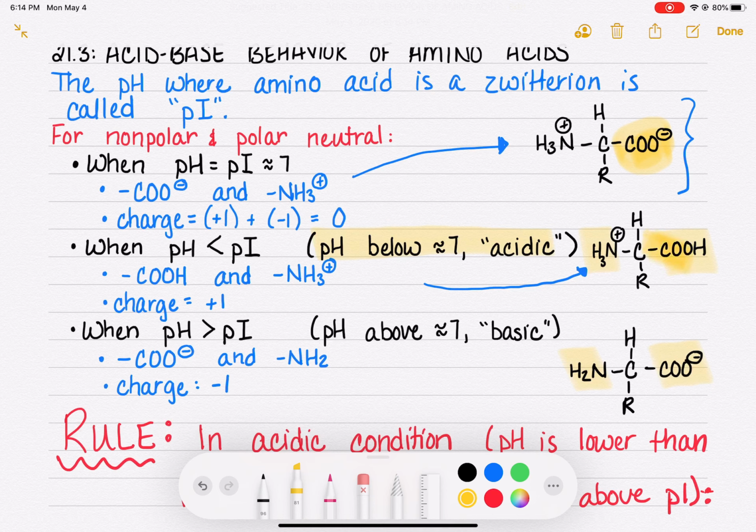And that oxygen atom is given an extra hydrogen so that it doesn't have to have that negative charge anymore because it's not allowed. And likewise, in basic conditions, positive charges aren't allowed. So the positive charge on this Zwitter ion has to be resolved because it's not allowed anymore. And the way you remove a positive charge is by removing one of the hydrogens. So that's kind of like a quick and dirty explanation of what's going on here.